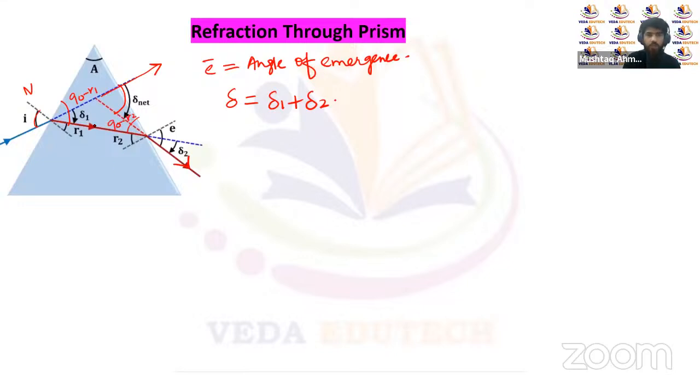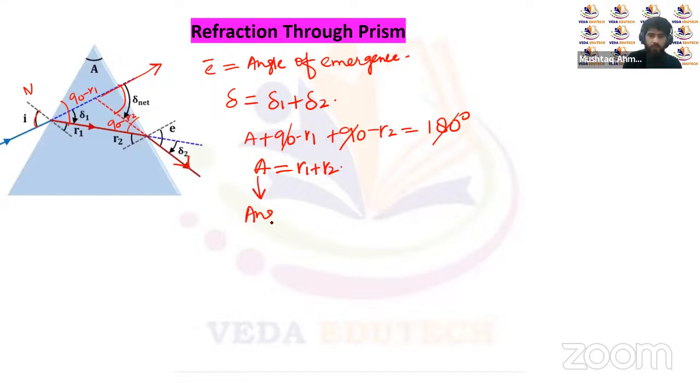In a triangle, the sum of all interior angles is 180 degrees. So A plus 90 minus R1 plus 90 minus R2 has to be equal to 180 degrees. The 180 and the 90s cancel, and we get A equal to R1 plus R2. This angle A we call the angle of prism.